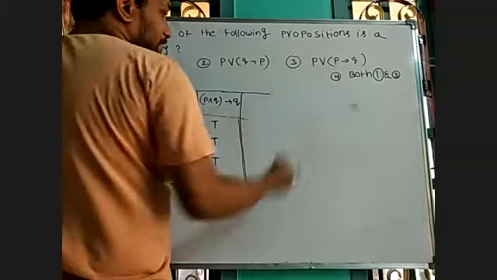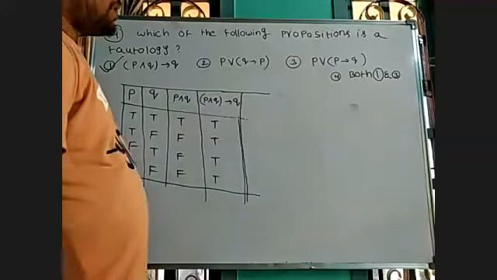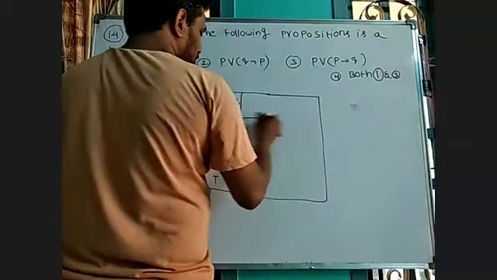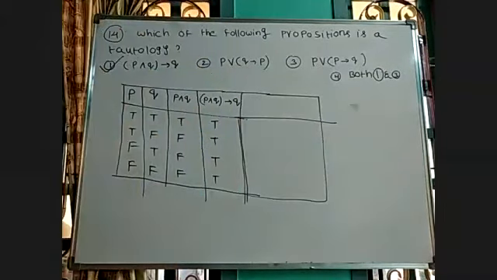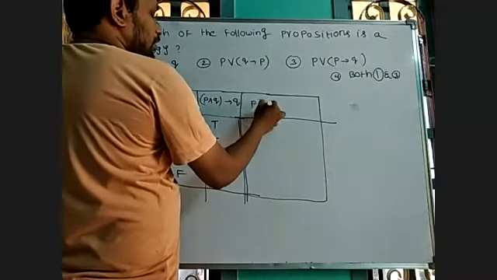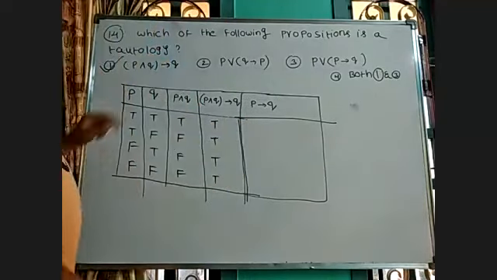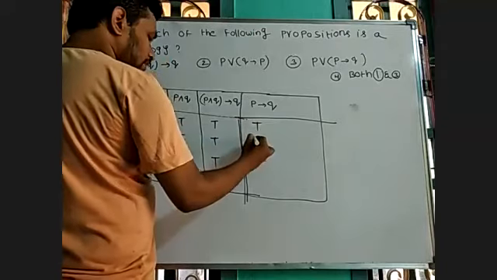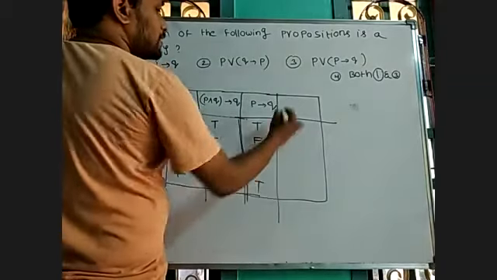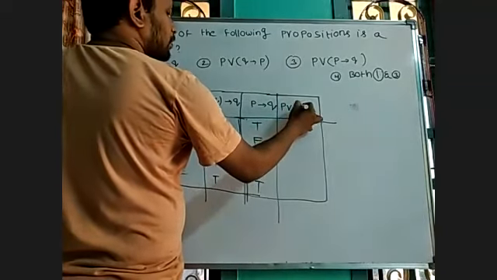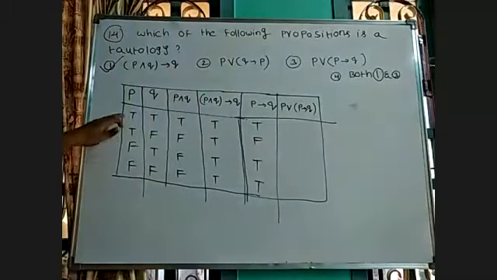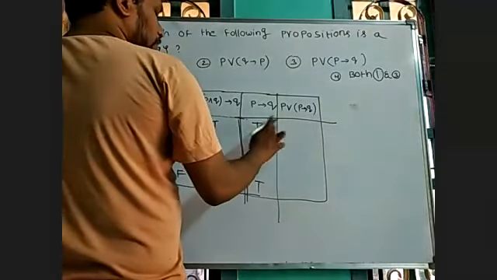But in the fourth option, what did they give? Both one and three are correct. Okay, I am checking the third option also. If you check option three, what is this value? P implies Q. Okay, true, true. True, false, false. False, true, true. False, false, true. Okay, next step P implies negation Q. Okay, see that P, true, true.